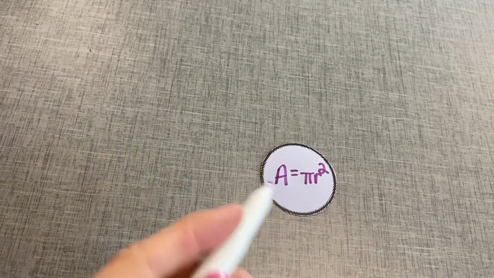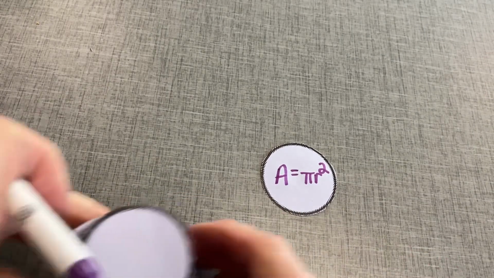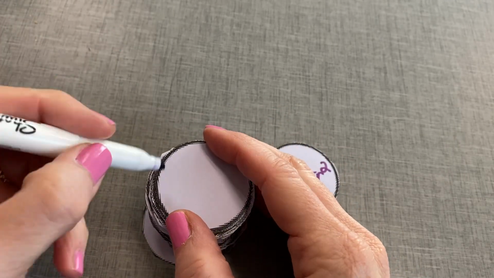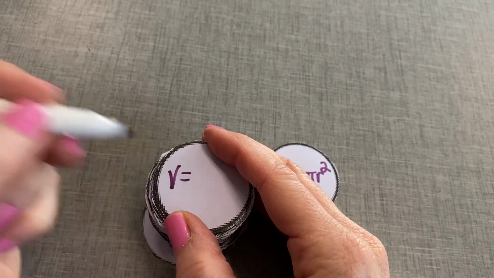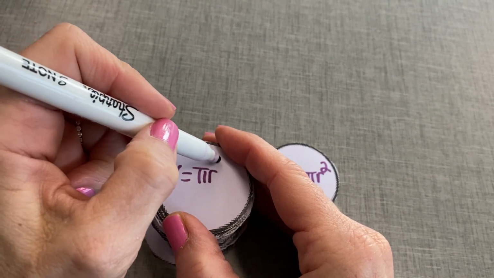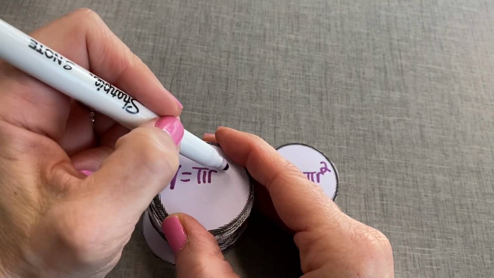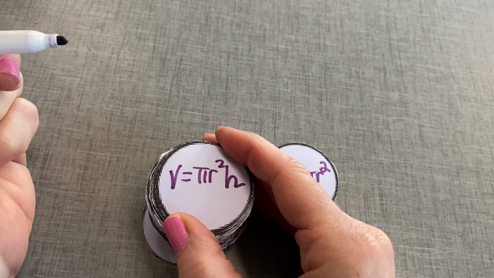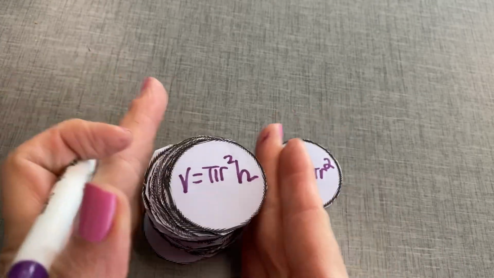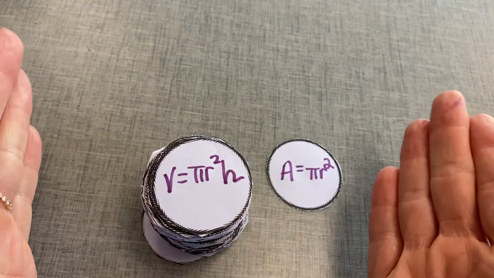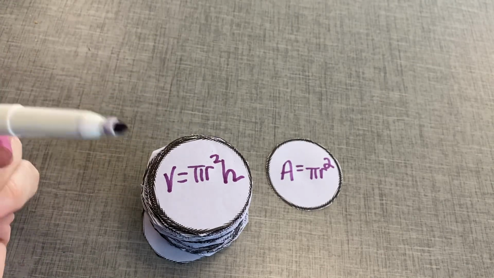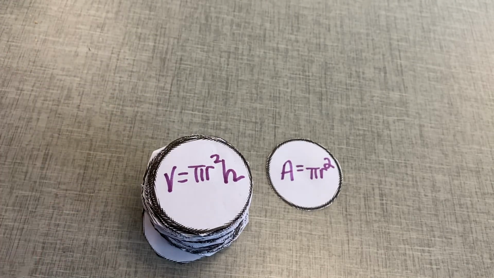And then for volume of the entire stack, the volume, let me write this down, V, is going to equal the area of the first circle on the bottom, pi r squared, times the height of the stack. And that's going to be the volume of a cylinder. So pretty cool. So that is the derivation, or where it comes from, why the formula is where it is.